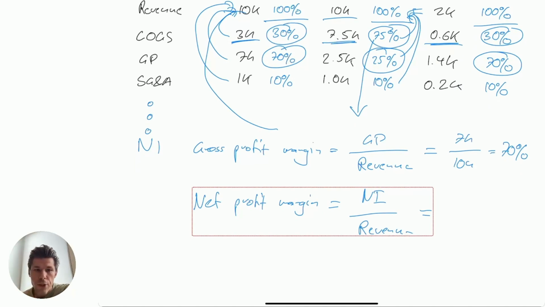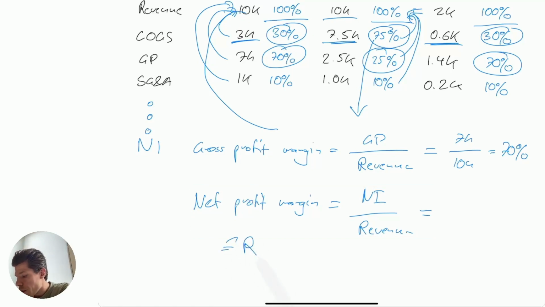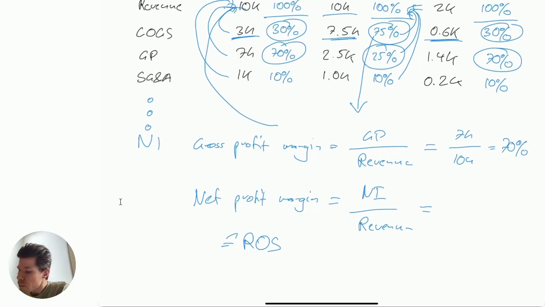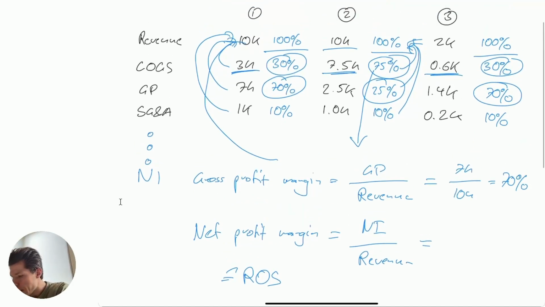Net profit margin is sometimes also called return on sales, because it is the return that you receive from $1 of sales. So there are many additional formulas we could use.